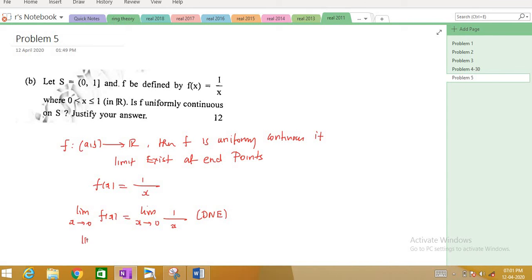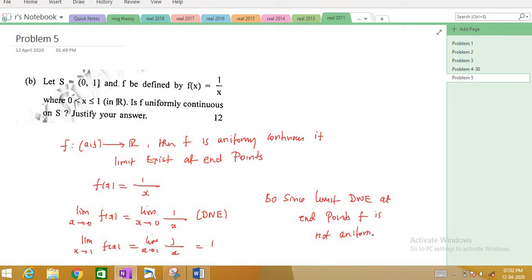But the limit as x tends to 1 of 1/x exists and equals 1. Both points need the limit to exist, so since the limit does not exist at both end points, f is not uniformly continuous.